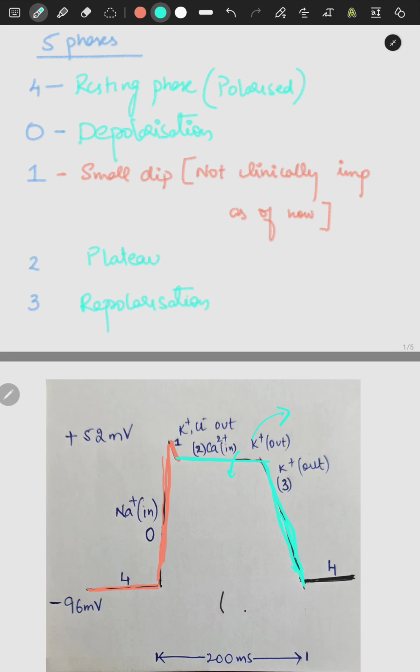The calcium channel which was open closes, but the potassium ion channel continues to remain open, and potassium ion continues to move out of the cell. Hence the cell slowly goes back to its negative state, and finally when repolarization is complete, the cell goes into phase 4 or the resting state.